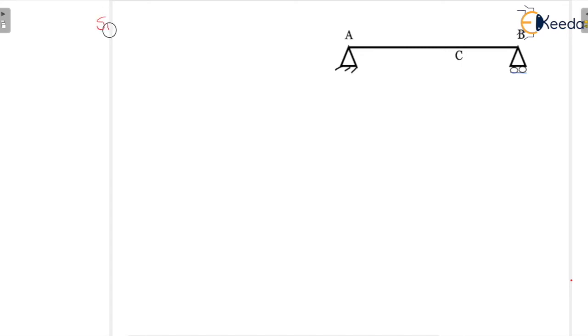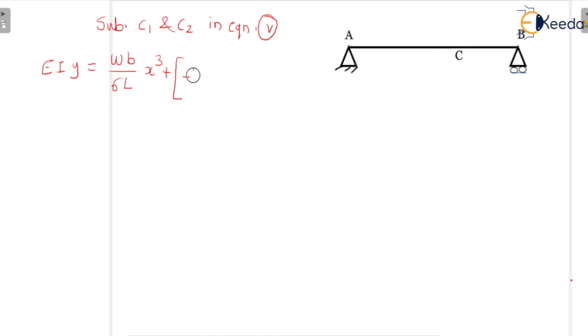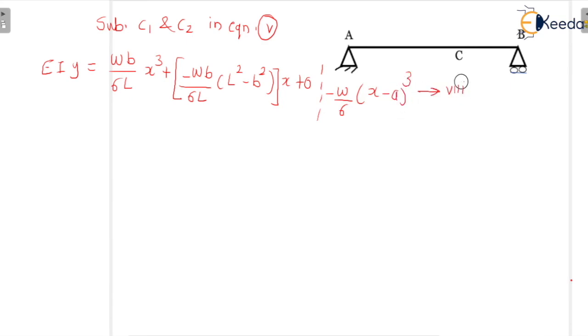So substitute C1 and C2 in equation 5, and we get the equation as EI into Y is equal to WB by 6L x cube minus WB by 6L, L square minus B square into x, plus 0 dotted line, minus W by 6 x minus A cube. So this is our equation number 8.